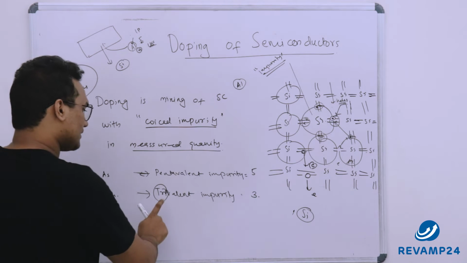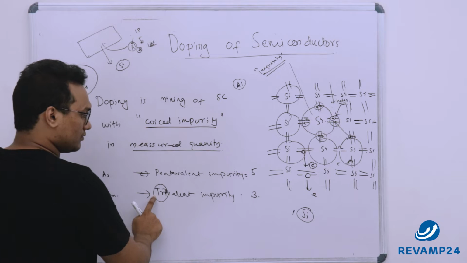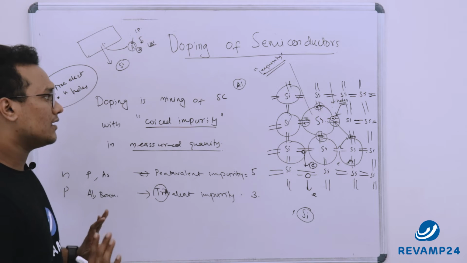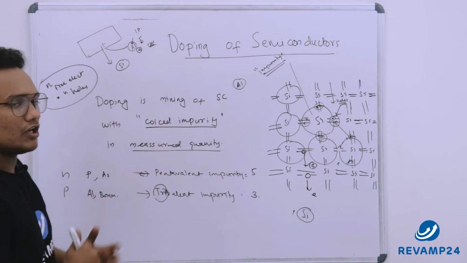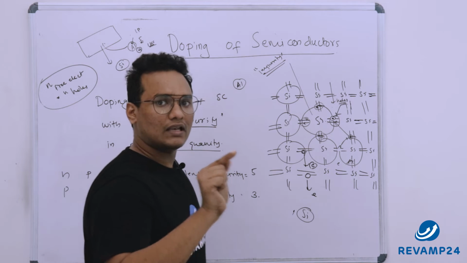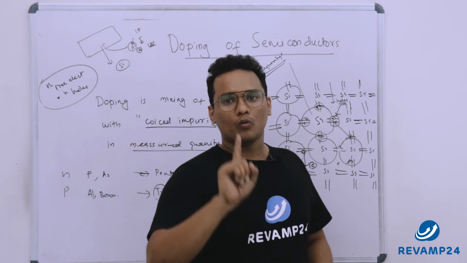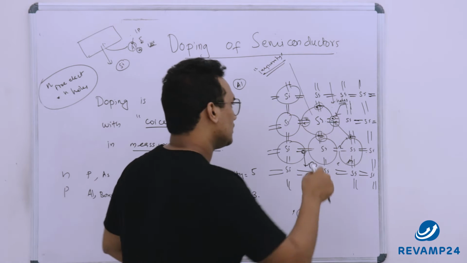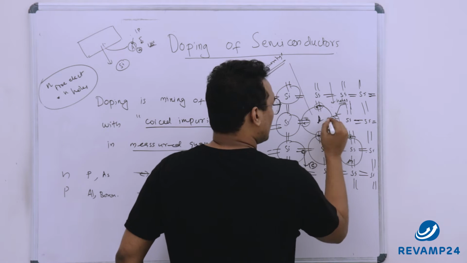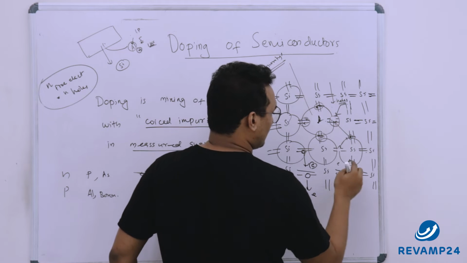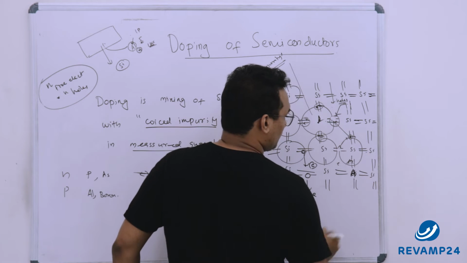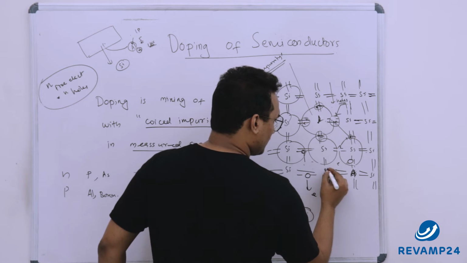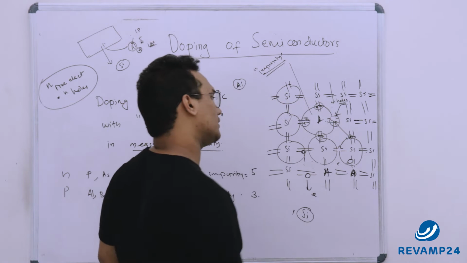Now it goes the same with trivalent impurity, but the difference is, if 3 aluminum are added, then each aluminum will lack 1 electron, which means each aluminum will have 1 hole. So this is aluminum. When 1 aluminum is added, 1 excess hole is there. If 1 more aluminum is there, 1 more excess hole is there. If 1 more aluminum is there, then 1 more excess hole would be there.